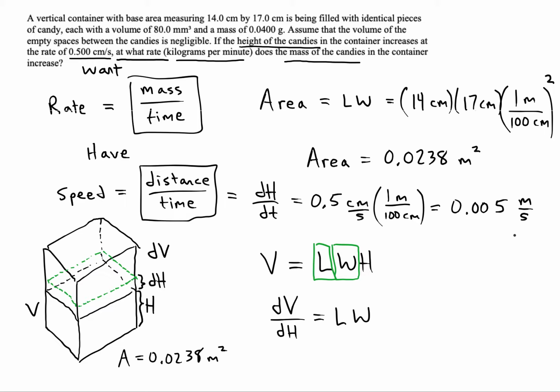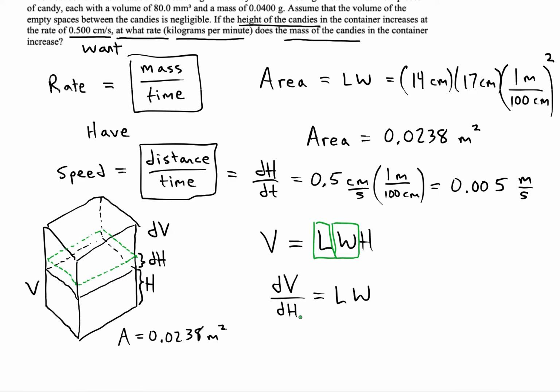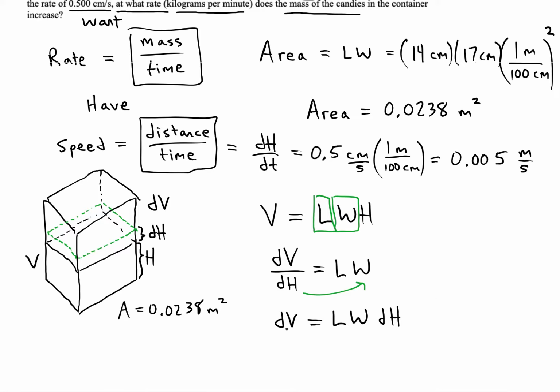But you could also do that implicitly, and you could basically multiply the dh to the other side and write that dV equals L times W times dh. But anyway, what I want to do is I now want to come in and divide both sides by anything of my choice, but I pick dt. Because it makes it into a relationship between the rates.